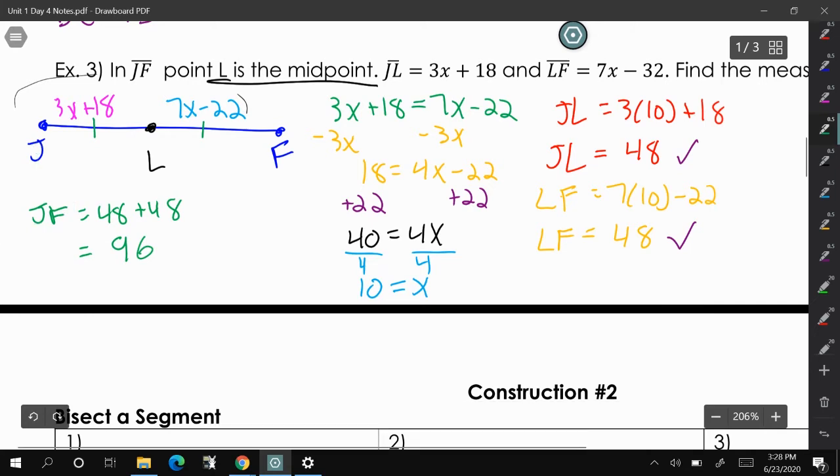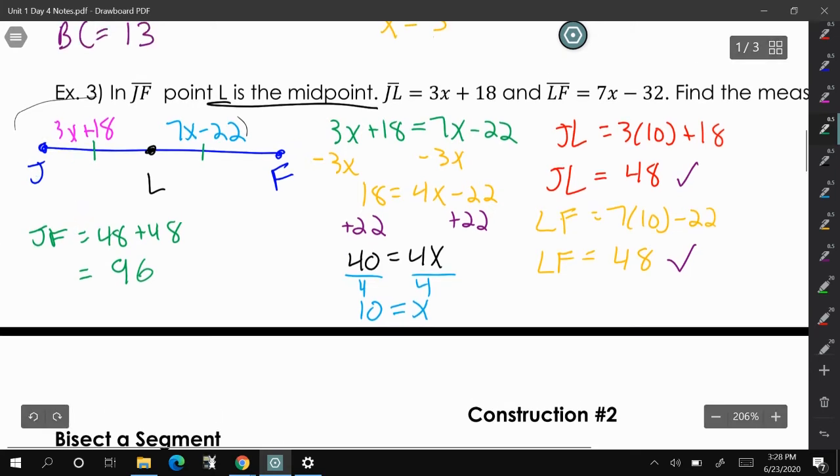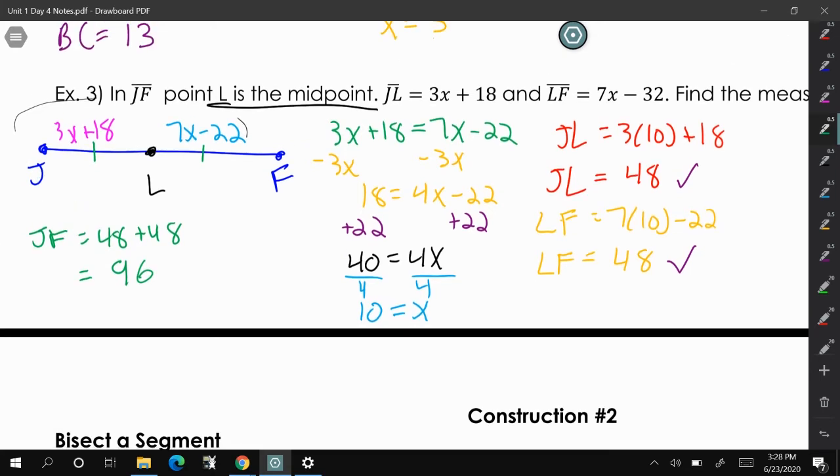So it's really important to draw out these problems so that you know what you're dealing with. Yesterday we had some problems where it was something similar to this, but we didn't have the word midpoint here, and we had to set it up a little bit differently. Because we have the word midpoint here, that means the two parts are equal to each other.